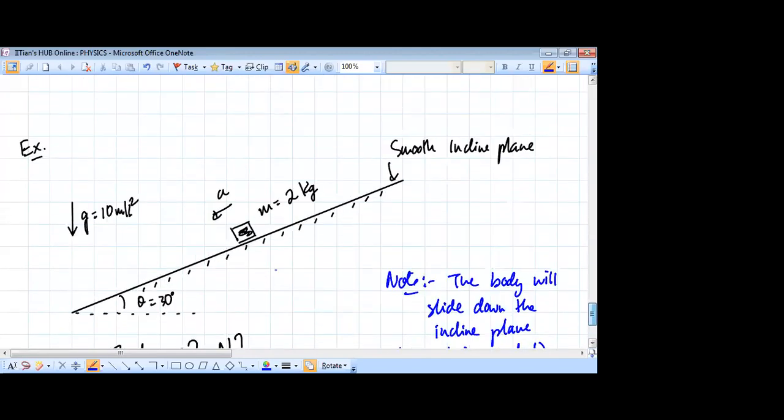So I'm just showing those as vectors over here. The acceleration vector will be parallel to the inclined plane, whereas the normal reaction that will act on the body because of the inclined plane will be along this sort of direction.